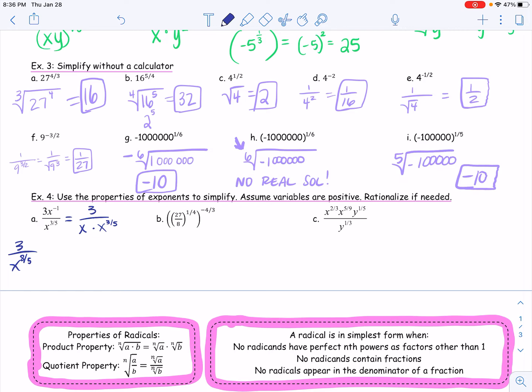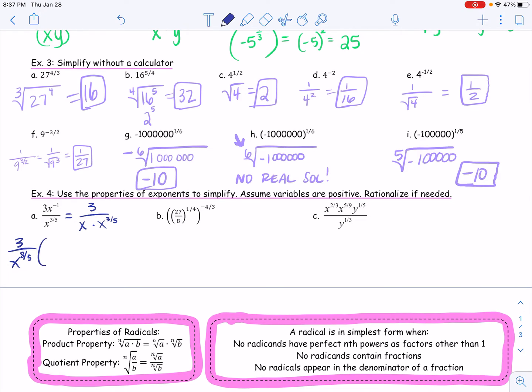And if I know that I'm going to be adding these exponents, what do I need to add to 8 over 5 to get a whole number? 2 over 5, because 8 over 5 plus 2 over 5 is 10 over 5, and 10 over 5 is just 2. I can have x to the 2nd power in my denominator. That's totally fine, right? So that's what I'm going to do.